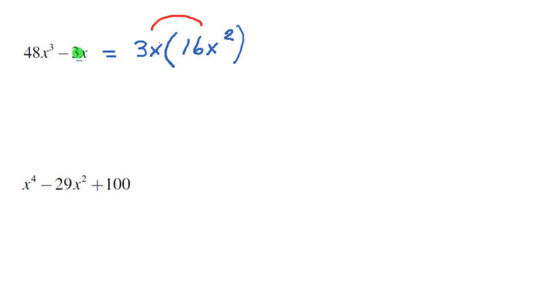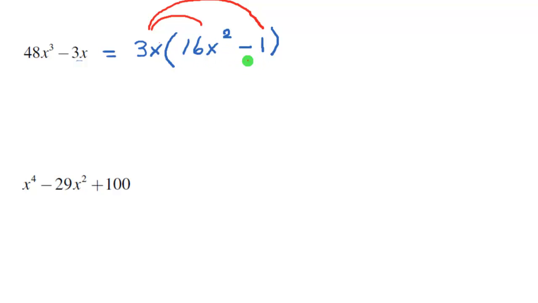So in a case like this where you're pulling out a complete term, what you're going to do is hold the spot with a negative 1. And you can see that if you distribute 3x now, 3x times negative 1 gives you your negative 3x term back. So this is how you pull out your first 3x.